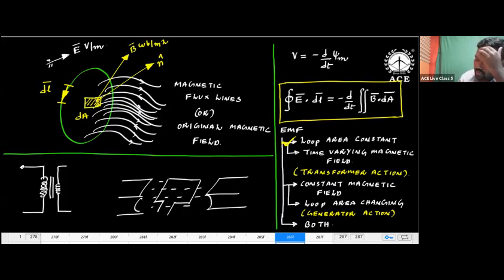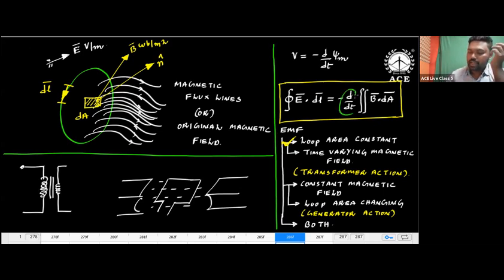See here, for time varying fields, beta, what can you do? You can do some modification to this equation. Here the area is not changing, beta. Only the magnetic field is changing with respect to time. So first I'll write, later I'll explain.